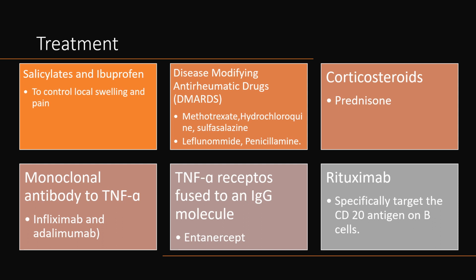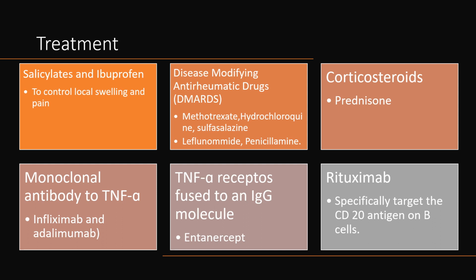The disease-modifying anti-rheumatic drugs, the DMARDs, such as methotrexate, hydroxychloroquine, sulfasalazine, leflunomide, and penicillamine, are now prescribed if disease activity persists after 4 to 6 weeks of treatment with non-steroidal anti-inflammatory drugs. Corticosteroids such as prednisone cannot be used long-term, so they are given in short oral courses for disease flare-ups. These agents appear to halt the inflammatory response and slow the progression of joint erosion.